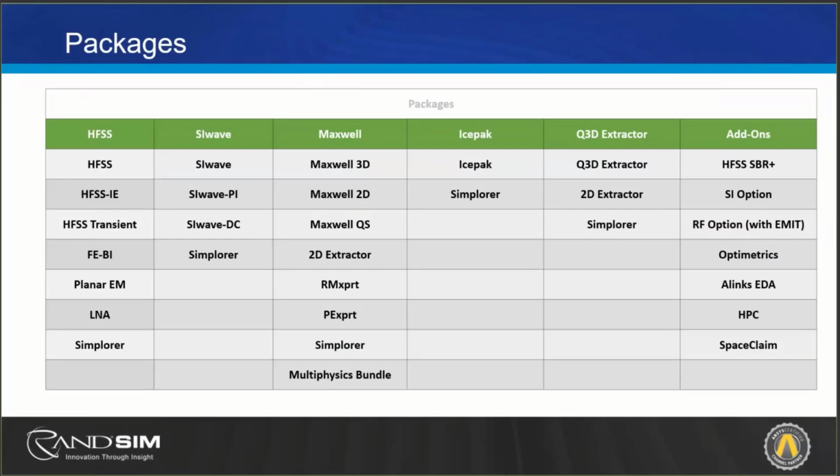Using those Boolean functions within HFSS, albeit they're great, can be slow. And having a tool and having expertise using SpaceClaim allows you to refine your geometry before you bring it into these great simulation tools.